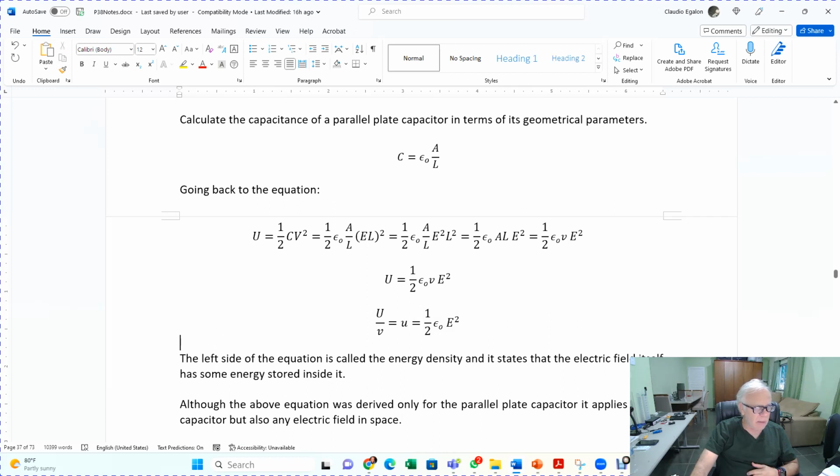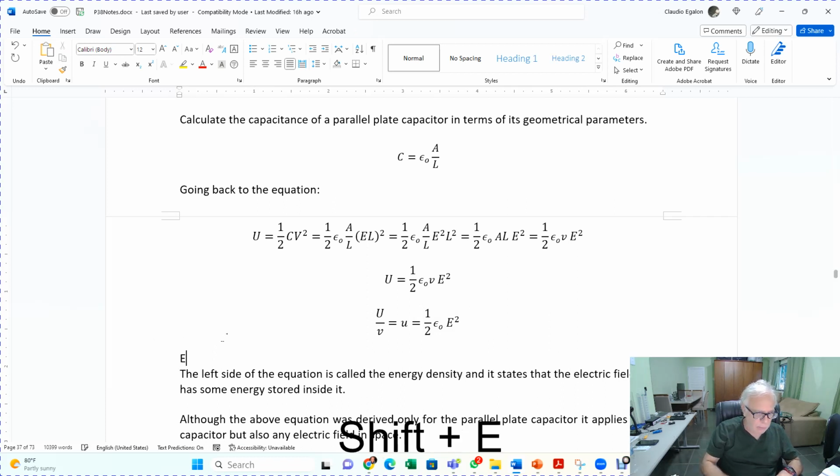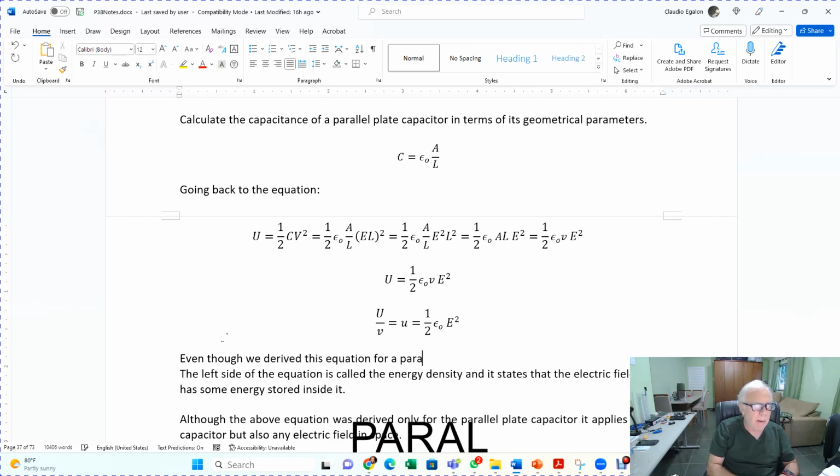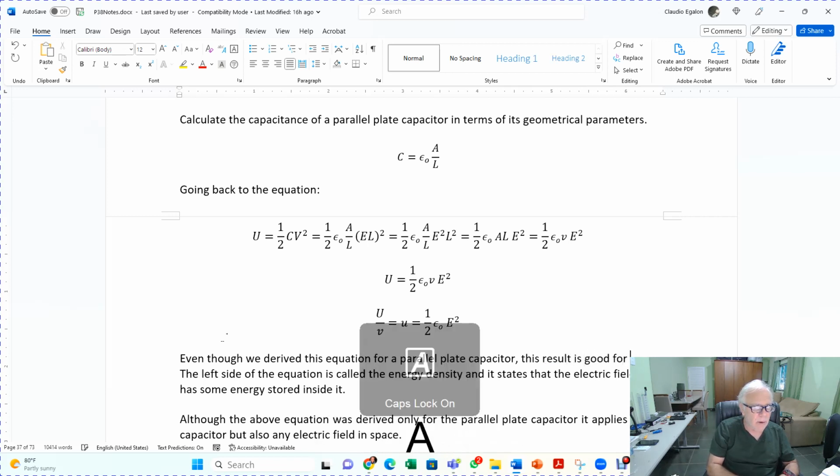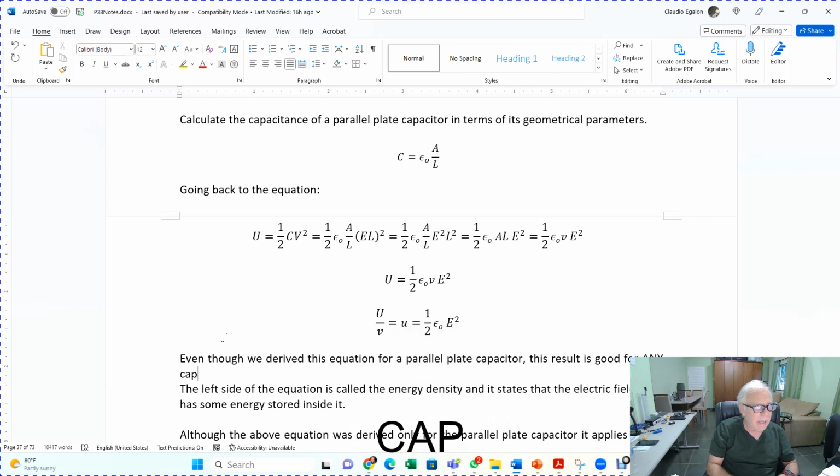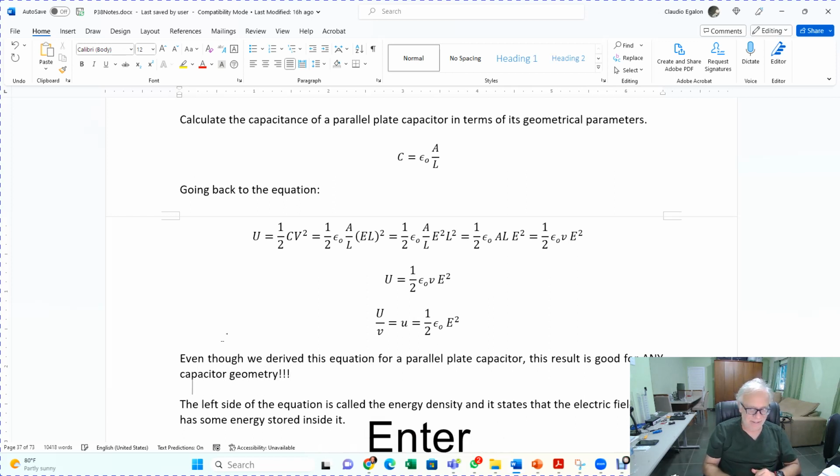Important to state that even though we derived this equation for a parallel plate capacitor, this result is good for any capacitor geometry.